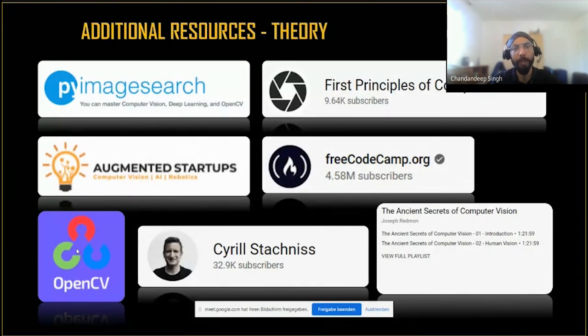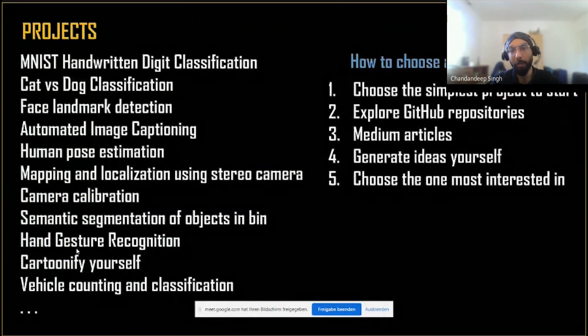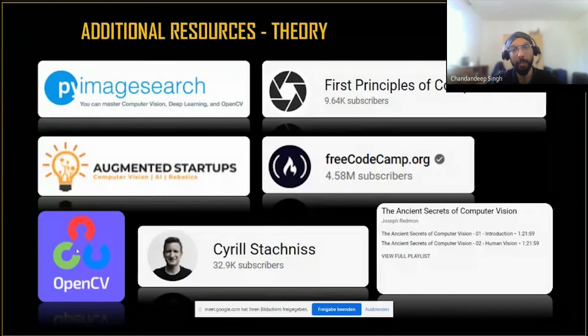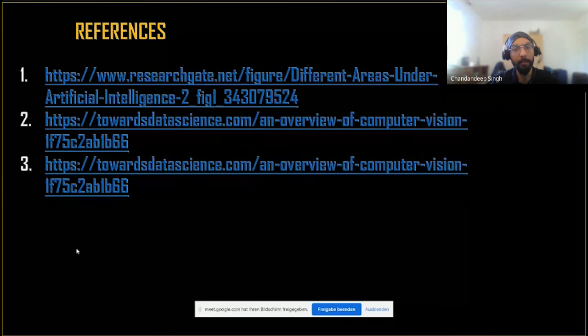So these are some additional resources that you can refer to. But again, my view would be to take a project of your choice and progressively increase your skill level and the difficulty of the project. And these are some of the references that I used in making this presentation.